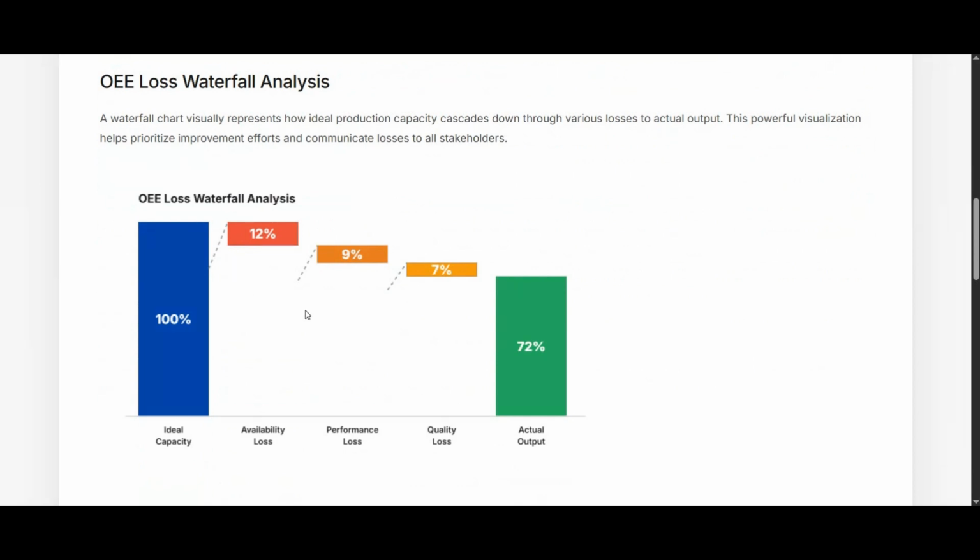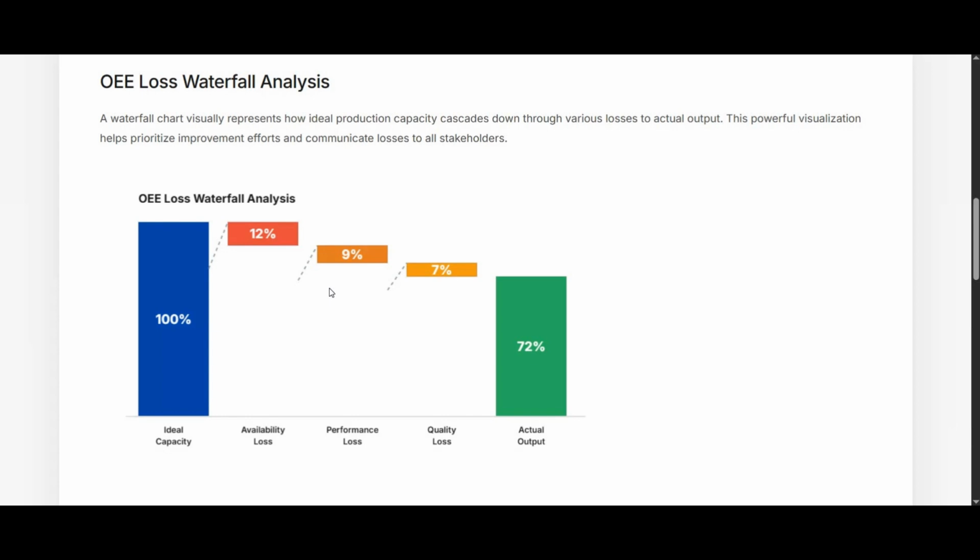And here we will look at the OEE loss waterfall analysis, and this visualization helps you see how ideal production capacity gradually drops down through various types of losses until you reach your actual output. Let's say starting at 100% capacity, then you lose 12% to availability issues, 9% to performance losses, and another 7% to quality problems.